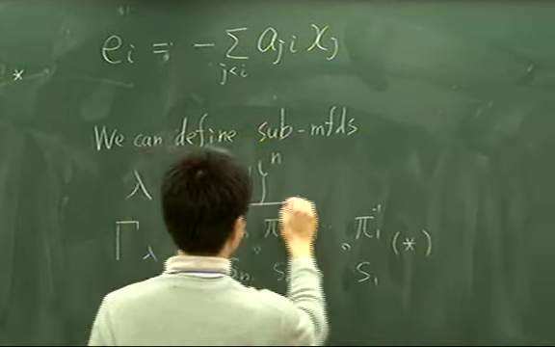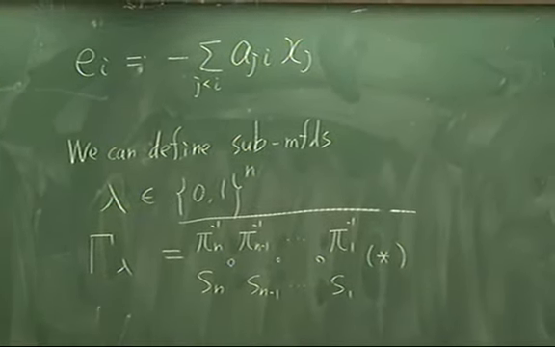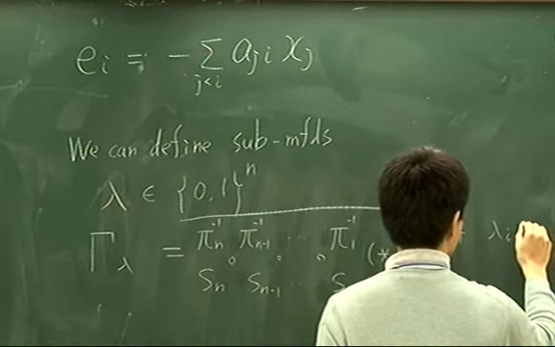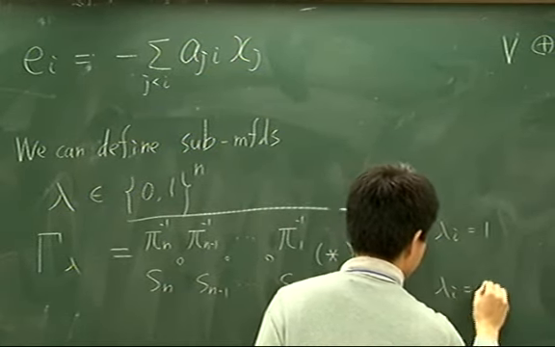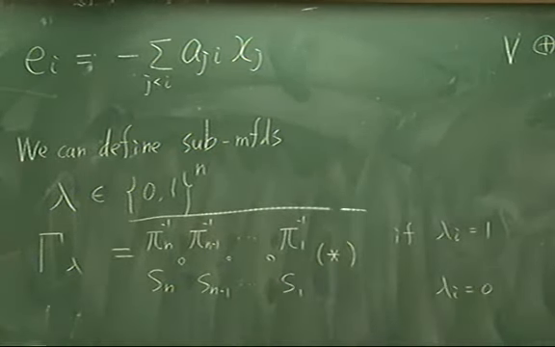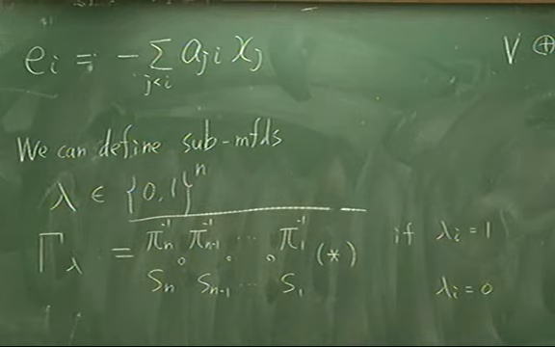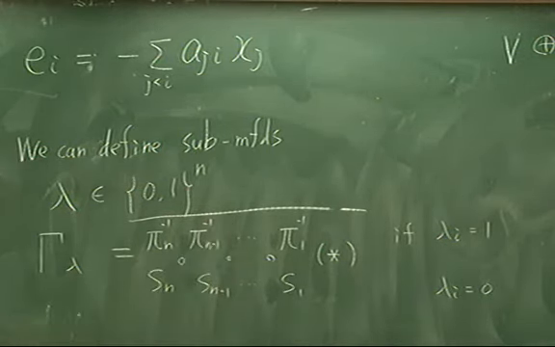And a closure. What this means, if you have lambda, whenever you have 1 in some i's position, then you take pi inverse there.